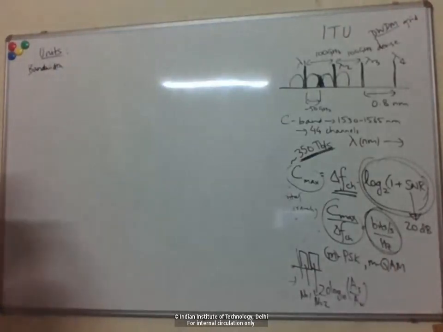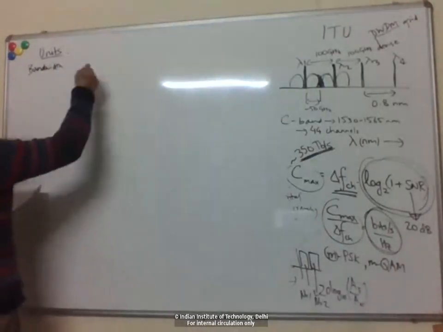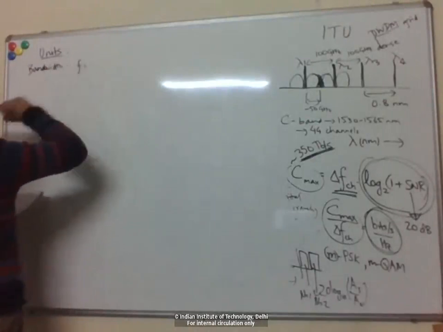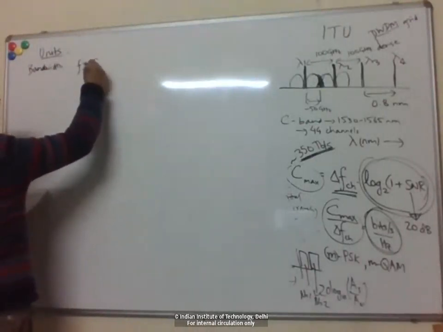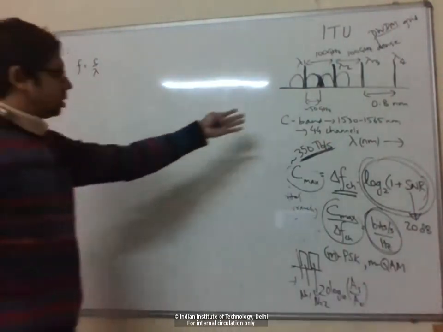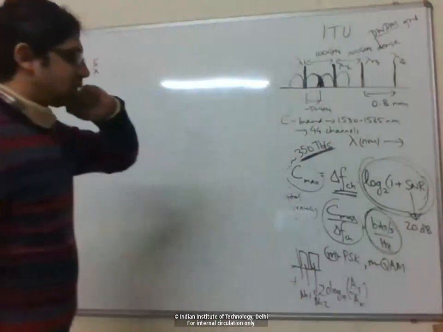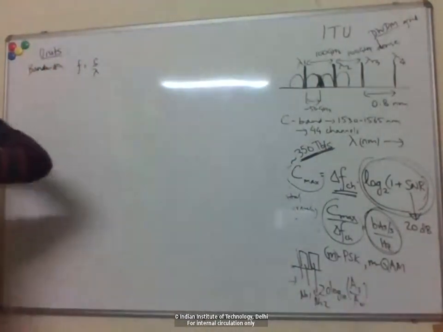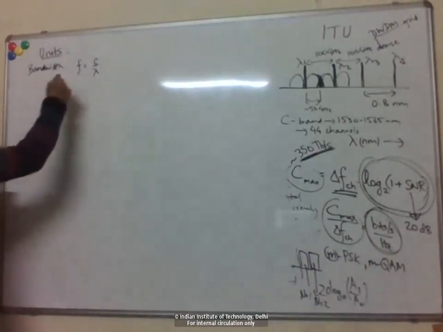So it has units of frequency typically, but in the optical case, frequency is also related to wavelength, right? So for electronic communications, RF, microwave, usually we don't talk about wavelength that much, but in the optical case, you've seen already that we are talking about wavelengths quite a bit, right? So many times the bandwidth is defined.